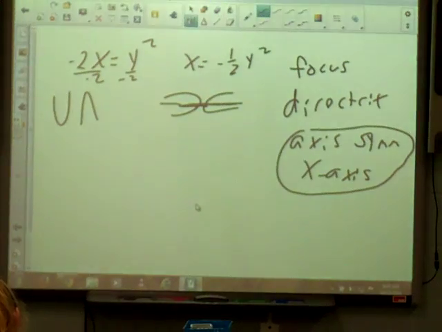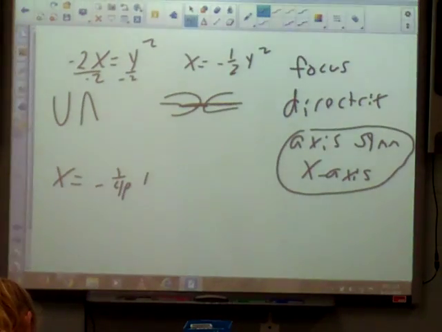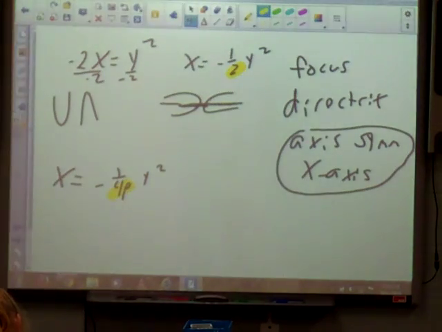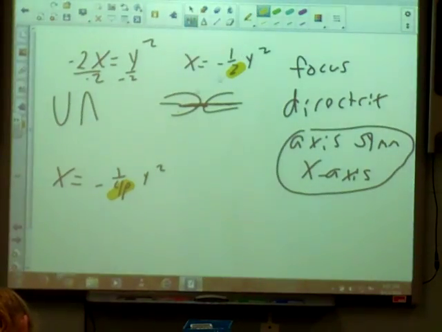So remember, I'm looking down there. Let me write what you're looking at in your notes. Alright, I have a 2 when they've got a 4p. Everything else is the same: negative, negative, 1, 1, y squared, 4p, 2.